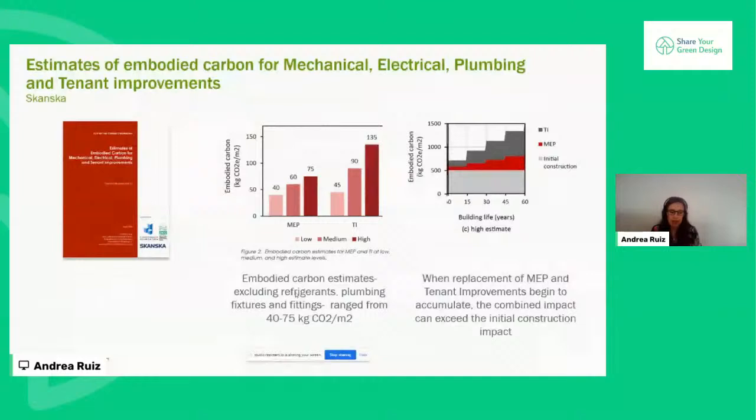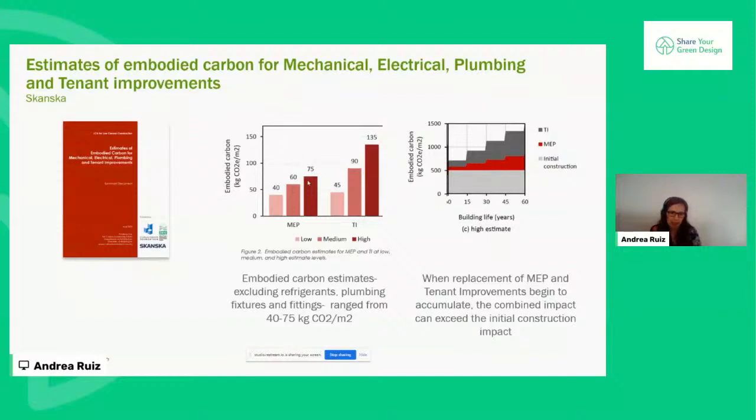The refrigerants are volumes that are contained within the heating and cooling equipment of a building, and they can really lead to high impacts on the embodied carbon. And it also does include some fixtures and fittings.